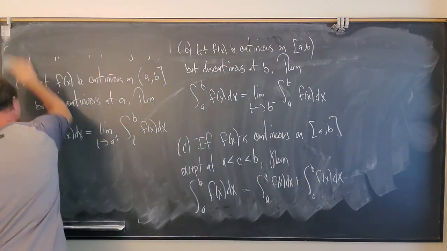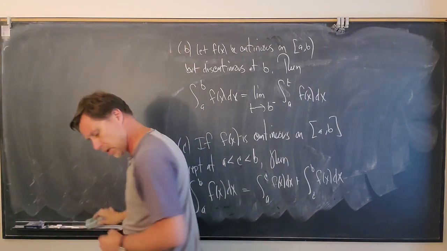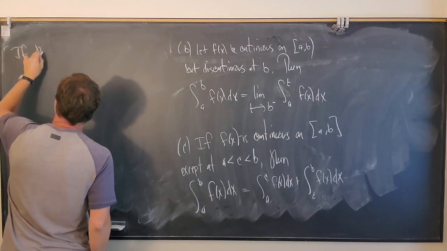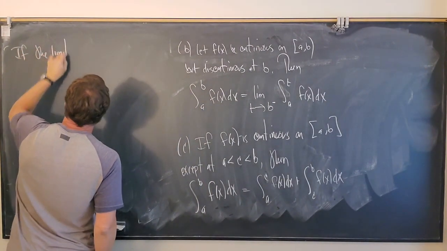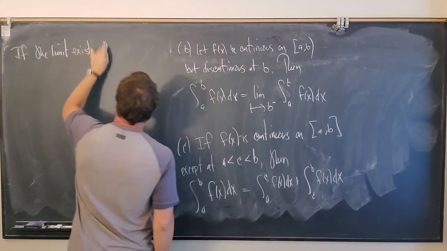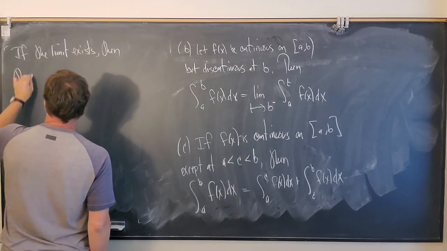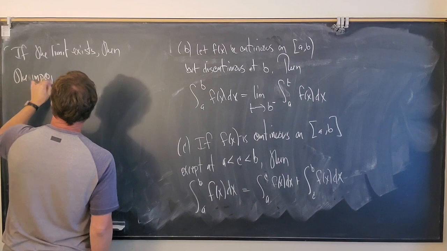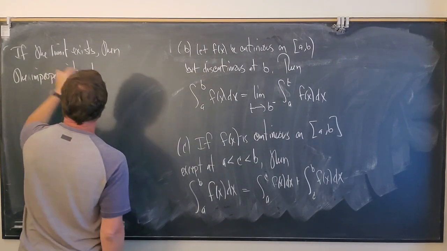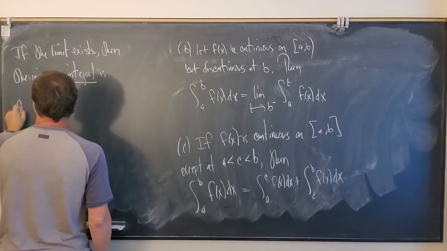So I guess I need to finish off this definition. So if the limit exists, then the improper integral is convergent.